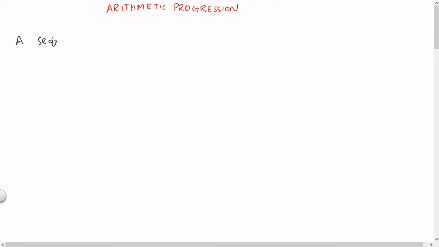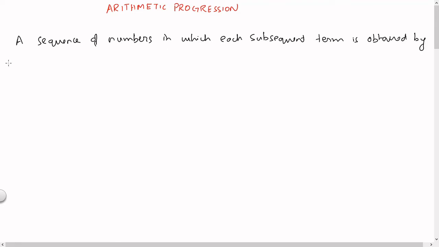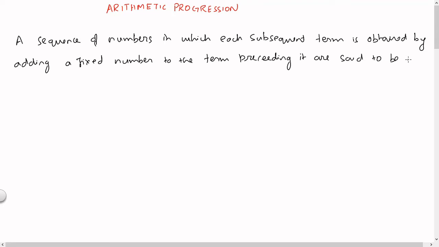A sequence of numbers in which each subsequent term is obtained by adding a fixed number to the term preceding it, are said to be in arithmetic progression. Okay, so this is the definition.